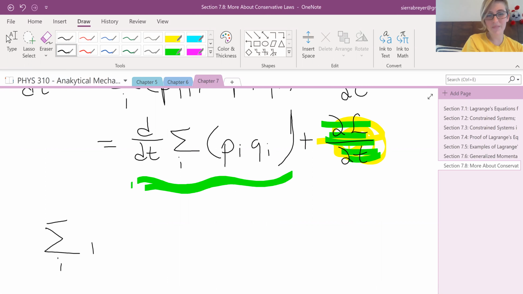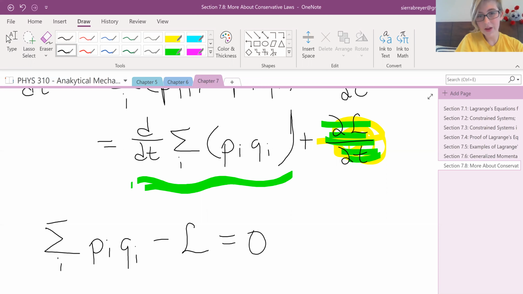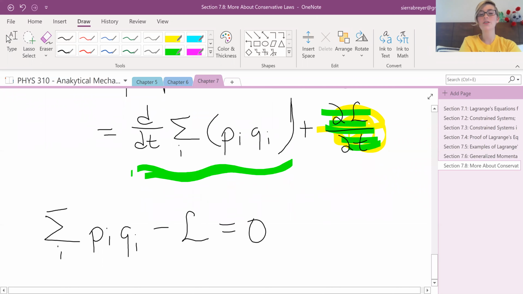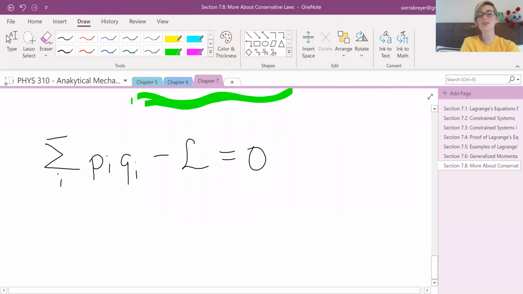So we're just going to take it, I guess. Great. Minus L equals 0. And we're going to keep the L, even though things should zero out a lot better. So we're just going to keep the L.